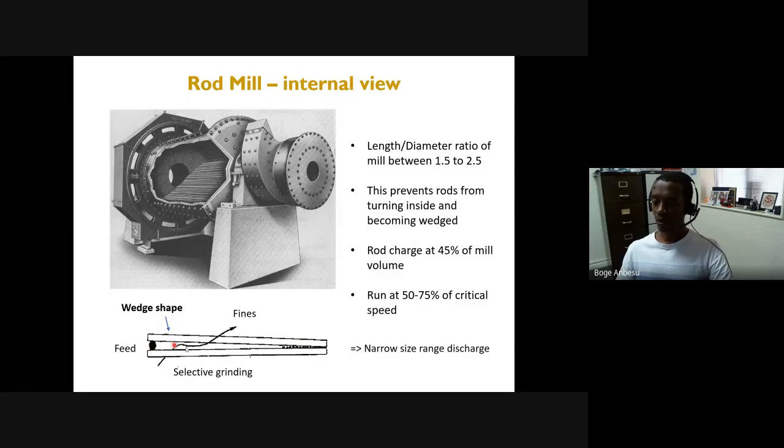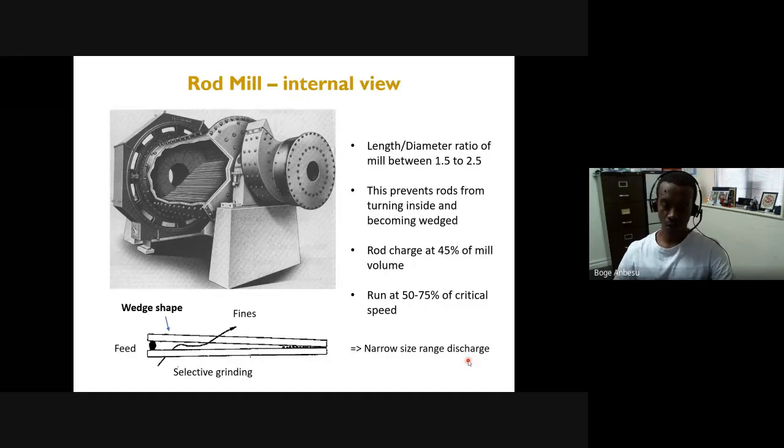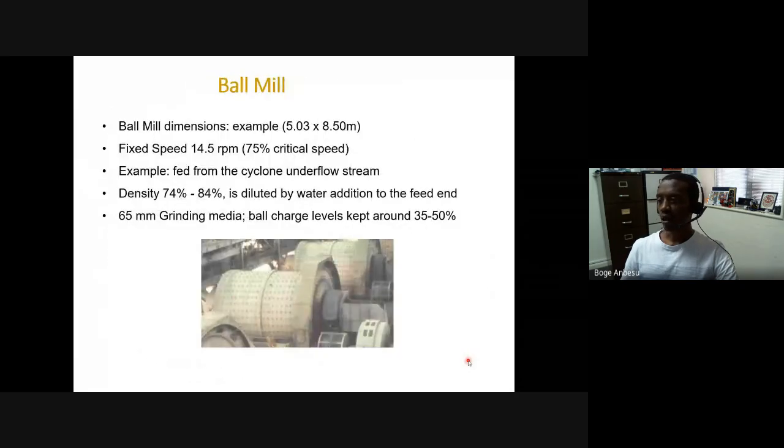And because this open area here allows particles to freely move, usually you don't do over grinding in a rod mill. So usually it's desirable if you want to produce uniform size particles, rod mill is a lot more effective. And maybe if there's a particular requirement to produce uniform particle sizes or narrow range particle sizes, maybe it's a way to go with a rod mill.